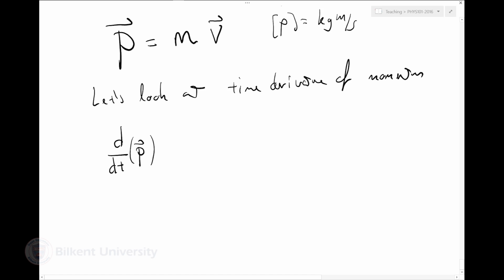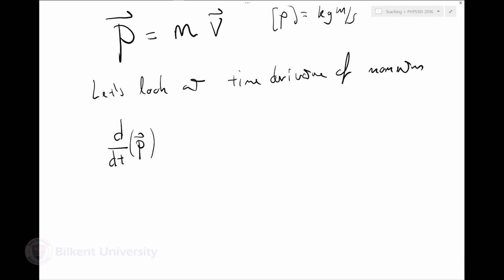So if I take the derivative of momentum, mass is a constant. So I have m dv/dt. But what's dv/dt? a, acceleration. But what's m times a?